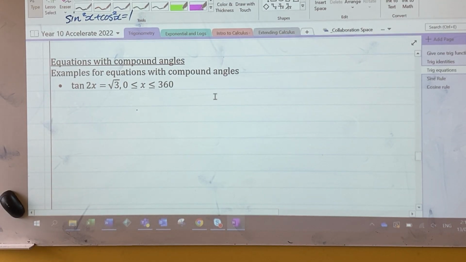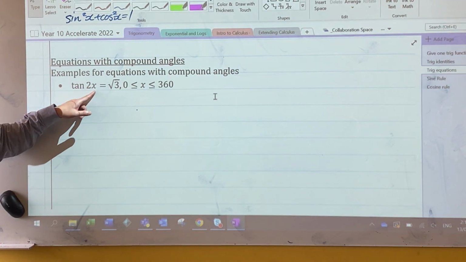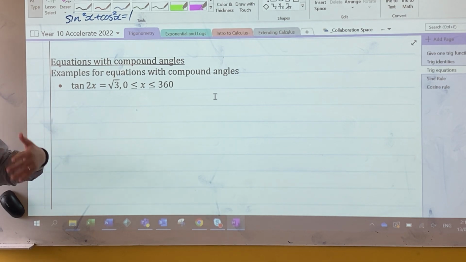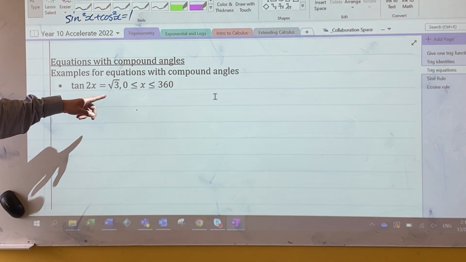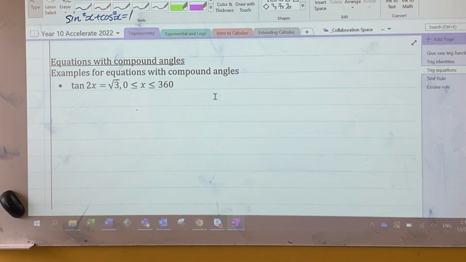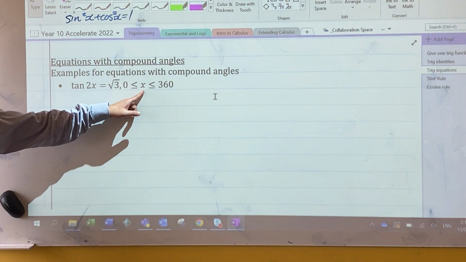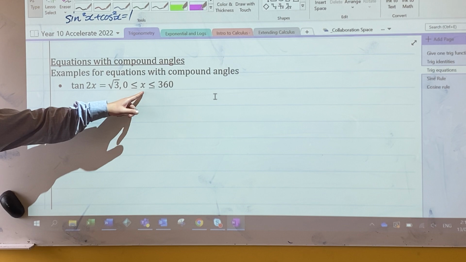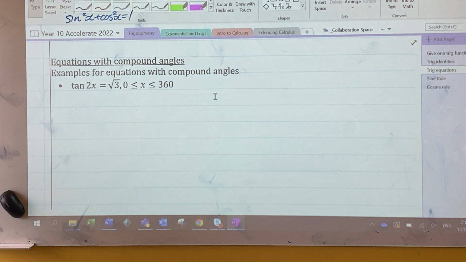Okay, equations with compound angles. Basically, compound angles is not x anymore, it's 2x or multiples of x. Making something up: tan 2x is root 3, x is between 0 and 360. Let's have a look. I've noticed that I've got 2x and I've only got x here. So immediately I'm thinking I need to change the domain.